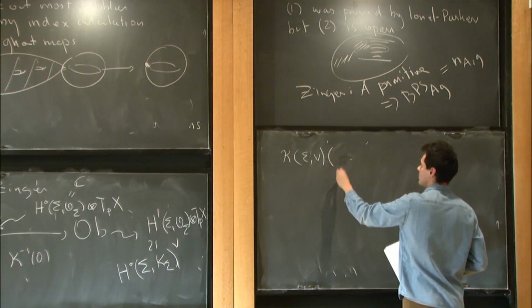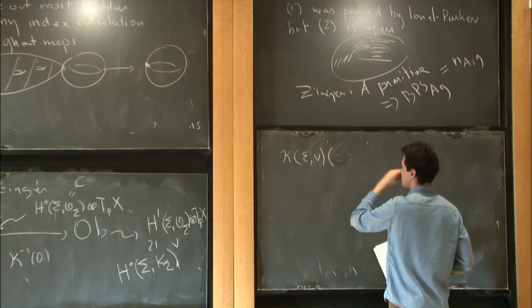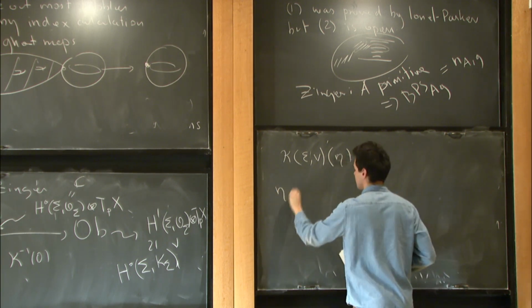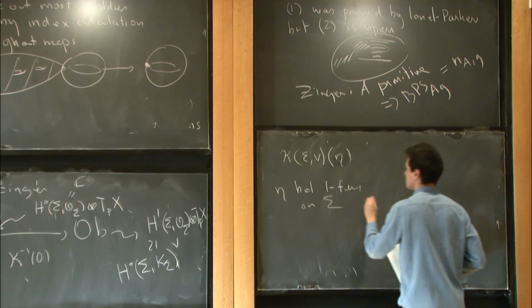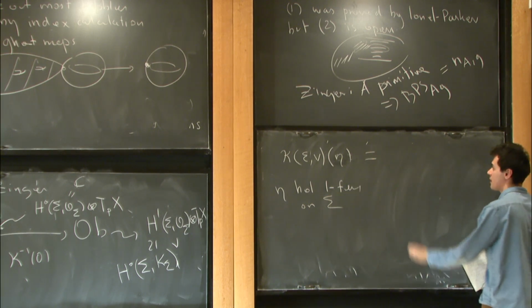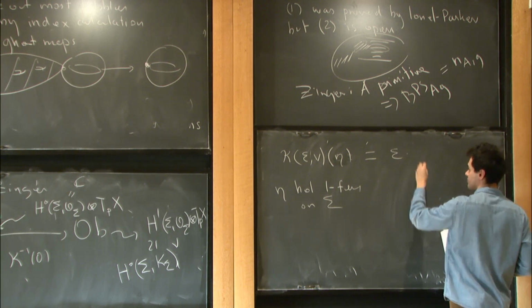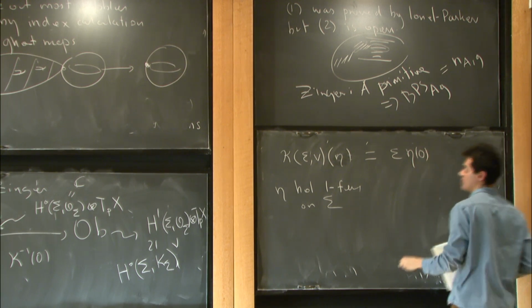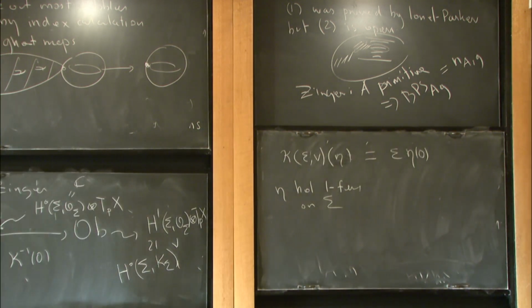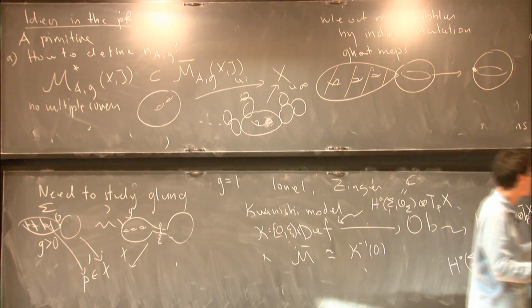So let's say I plug in some holomorphic one-form, eta, a holomorphic one-form on sigma, and I want to produce a number. So this number will be epsilon times you evaluate this holomorphic one-form at 0. This point, let's call it 0, is a point in the Riemann surface, and I can evaluate the holomorphic one-form and that gives me a complex number.